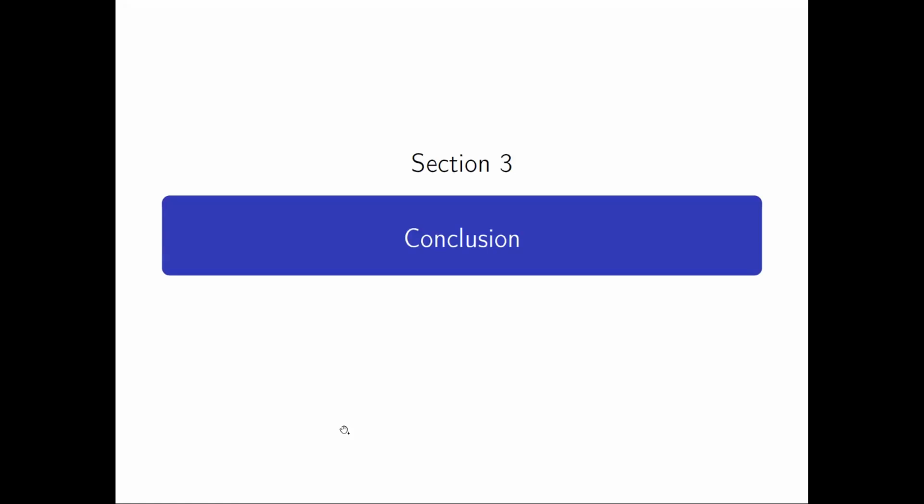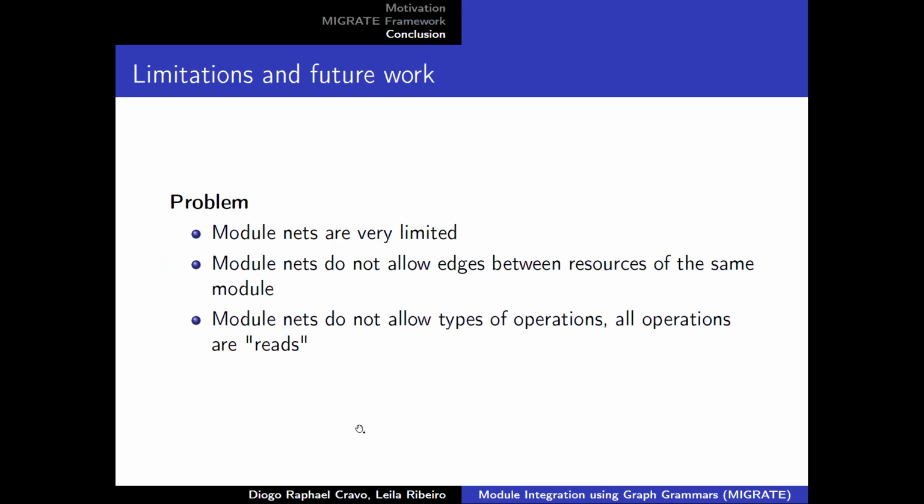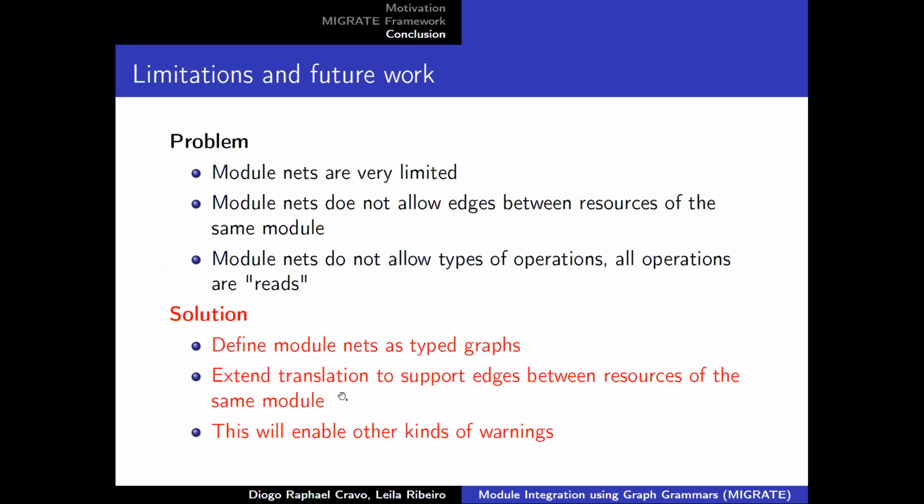So, the conclusion: there are really many limitations to migrate today. The first one is that module nets do not allow types of operations, and they also do not allow edges between resources of the same module. So today, the only kind of operations we have are reads. We do not have deletes or updates.